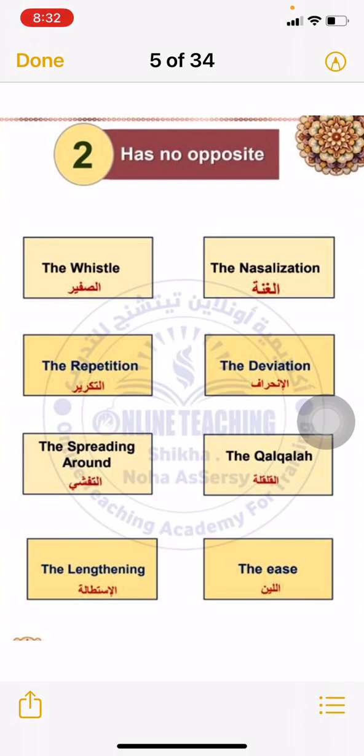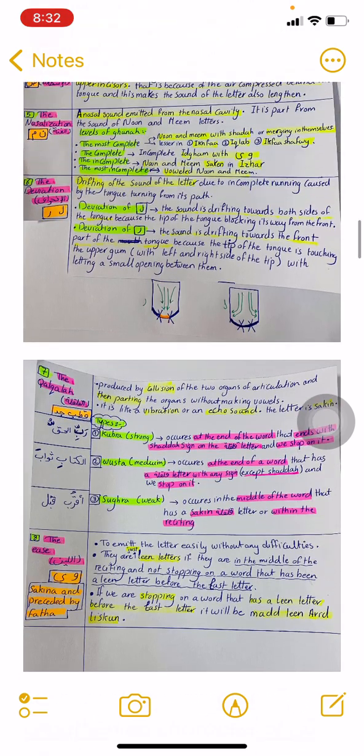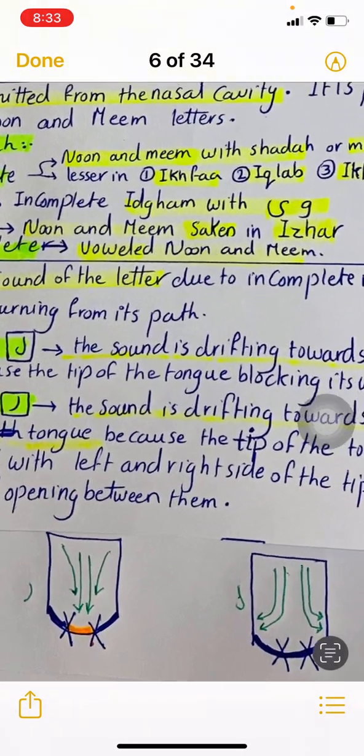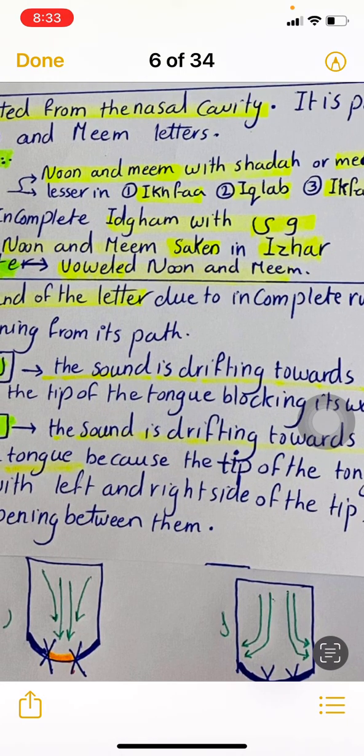Okay, let's see what's going on in lam and in ra. Here, a little drawing. In lam, look here, this part of the tip of the tongue is completely closed because it's the articulation point of lam, and the sound is drifting towards both sides of the tongue.